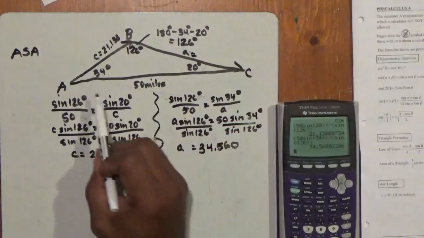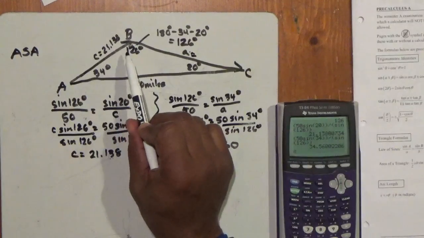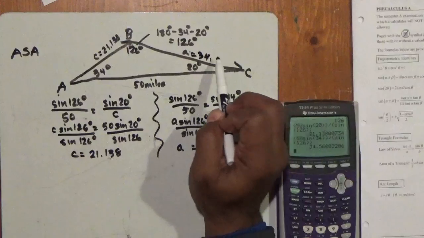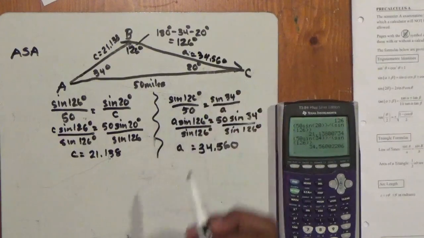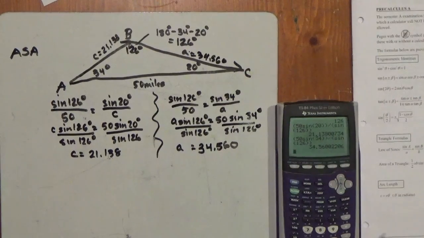Now, that means that distance here. So when you think about it, instead of going 50 miles, they went 21 point something, and 34.560. So what we want to do is add this up first. 34.560 plus 21.138.